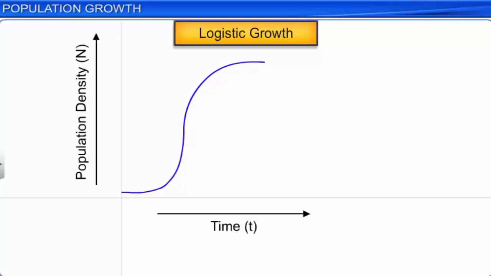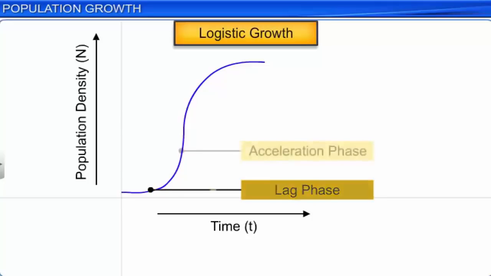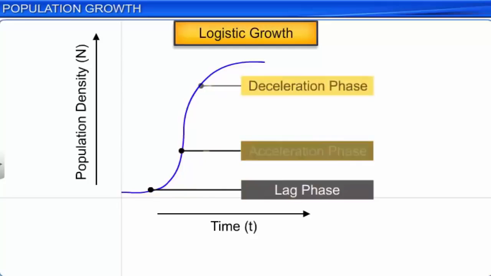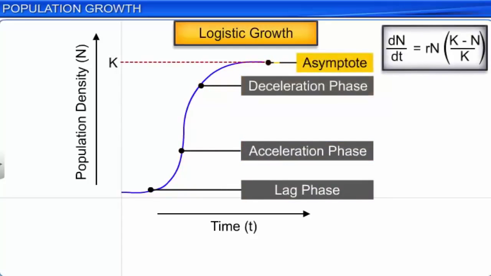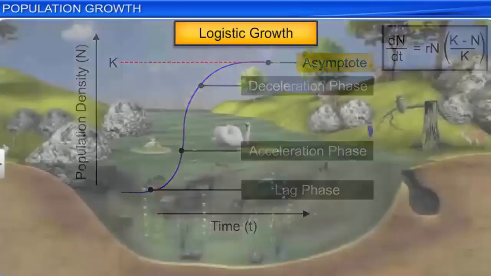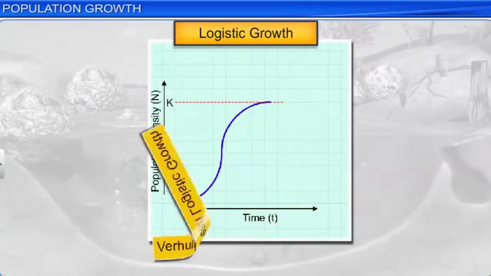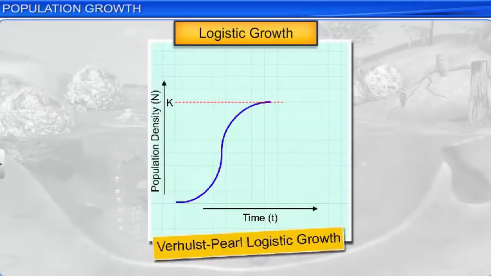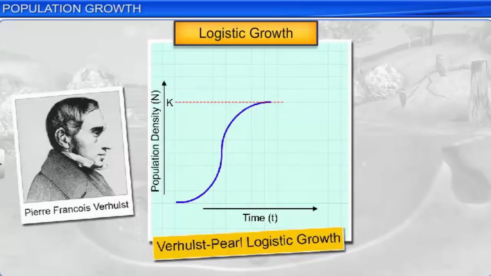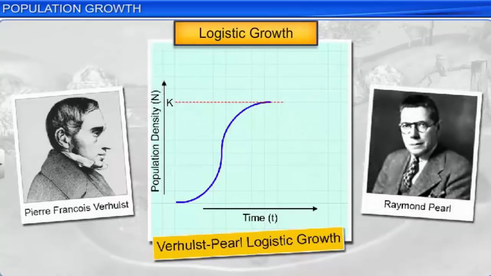Initially, a lag phase, followed by phases of acceleration and deceleration, and finally, an asymptote, when the population density reaches the carrying capacity. The logistic growth is also known as Verhulst-Pearl logistic growth, after the scientists Pierre-François Verhulst and Raymond Pearl, and is described by the equation as shown.